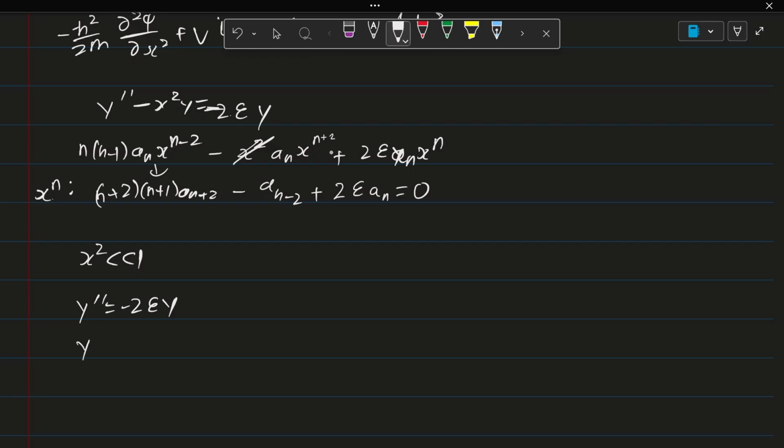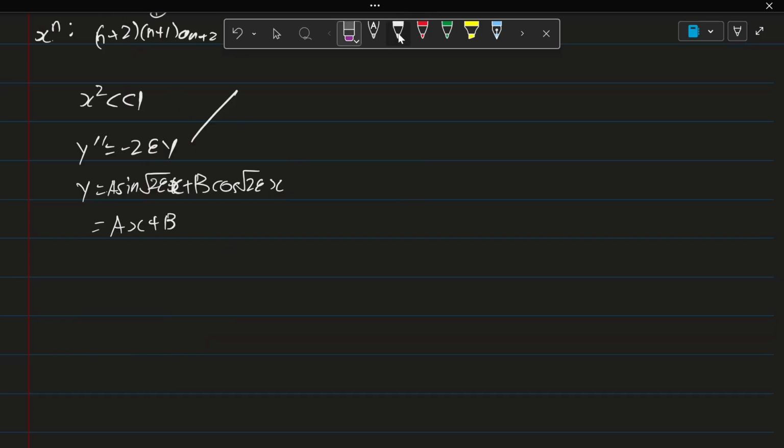This is just y equals a sine of the square root of 2 epsilon x, plus b cosine of the square root of 2 epsilon x, right? It doesn't really help, but it gives you a recognition that when x is very small, this would just become ax plus b. So it's going to be something like a linear equation.